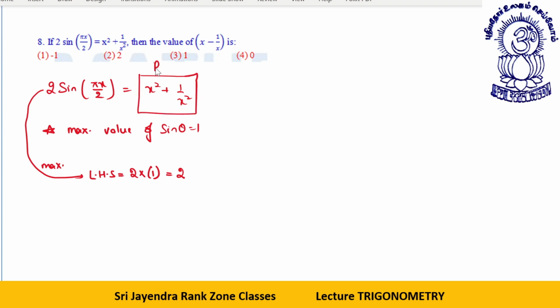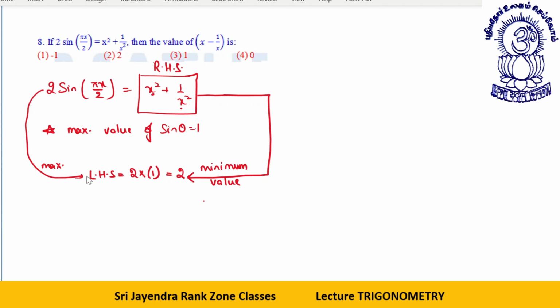What is the minimum value of the RHS? This is a number plus its reciprocal. So what is the minimum value? Dear students, the minimum value of this is also 2.